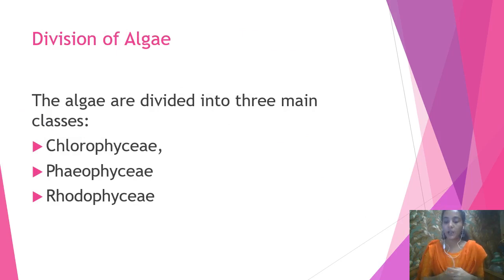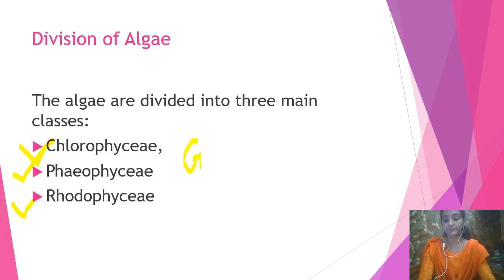Now, depending upon the pigments present in the algae, we are going to divide the algae into three groups. First one is the chlorophyceae, second one is the phaeophyceae, and the third one is the rhodophyceae. Chlorophyceae contain the green pigment, so they are called green algae. Phaeophyceae, their main pigment is brown, so they are called brown algae.